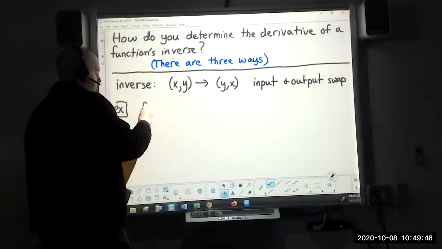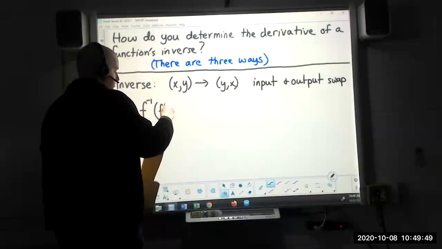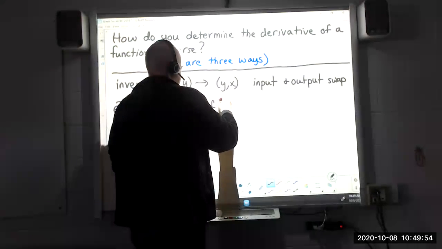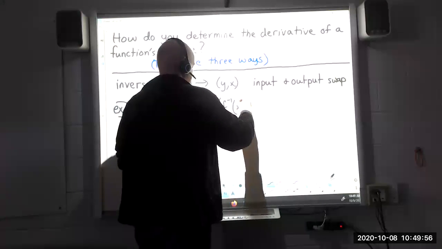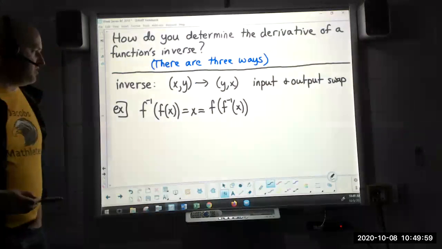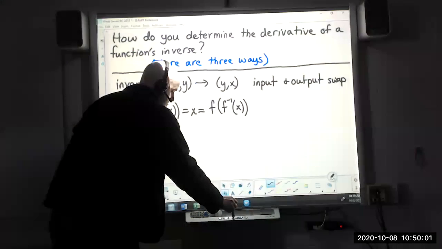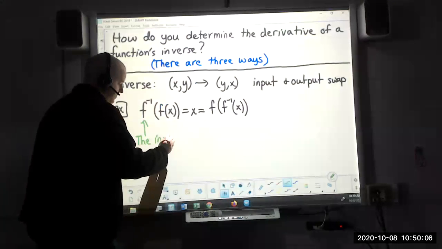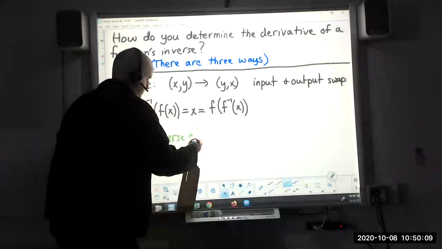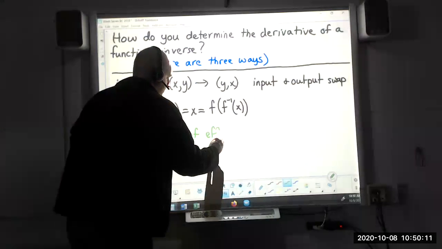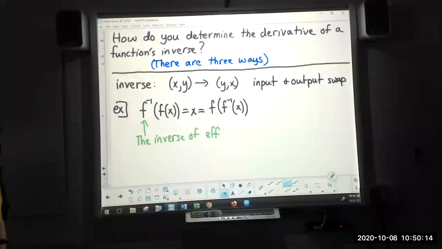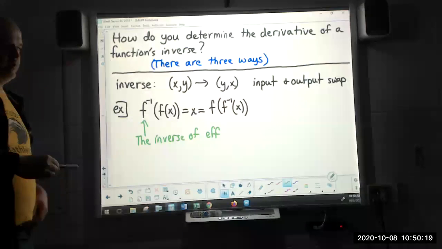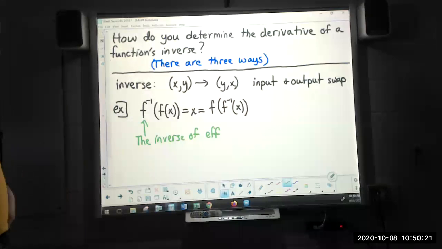Algebraically speaking, using the notation that I really don't care for, F inverse is written like this. So doing exactly what I described, 4, 5 becomes 5, 4 would be like doing F inverse, okay?